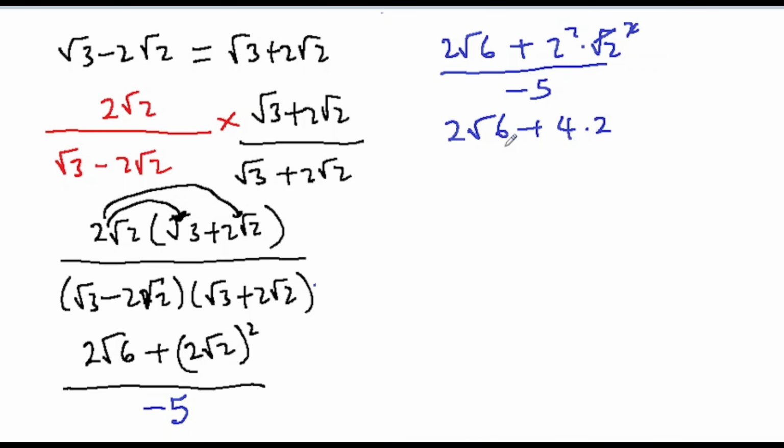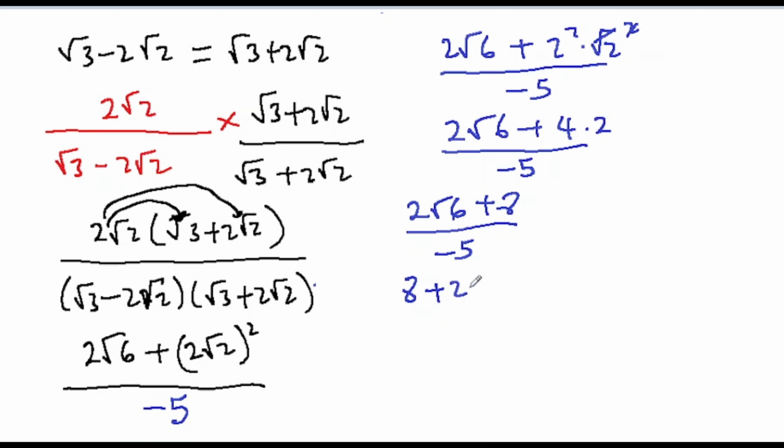So we have 2 root 6 plus 4 times 2, that's 8, divided by negative 5. I can rewrite this as 8 plus 2 root 6 divided by negative 5.